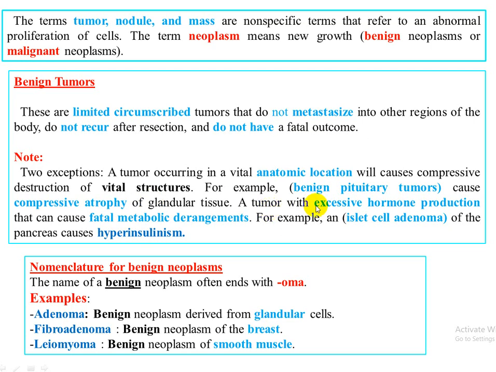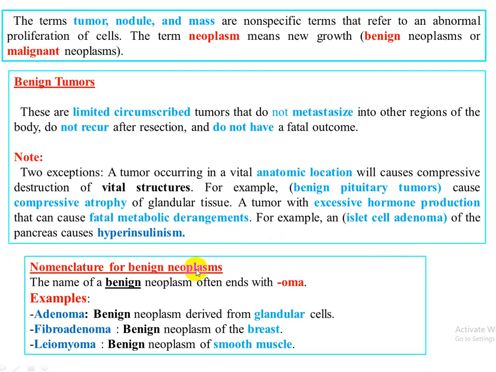Another example is tumors associated with excessive hormone production, such as islet cell adenoma of the pancreas, which may lead to fatal metabolic derangement due to hyperinsulinemia causing hypoglycemia.